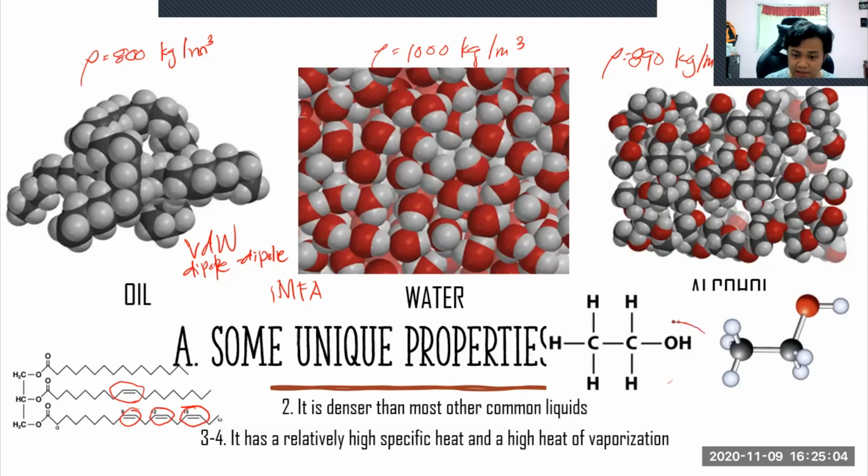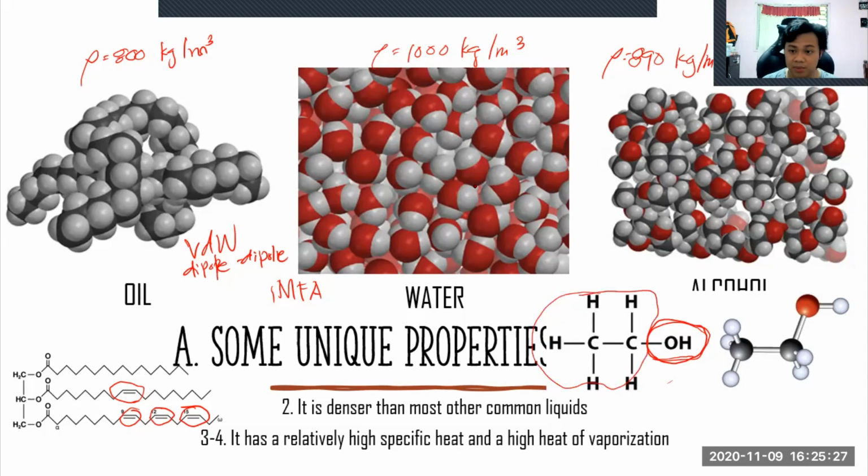Also, if you notice here, we have the OH, suggesting that we also have hydrogen bonding, right? So maybe this can compare to water, but it also has hydrocarbons which make it non-polar.